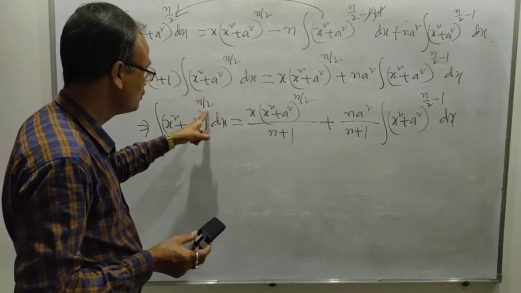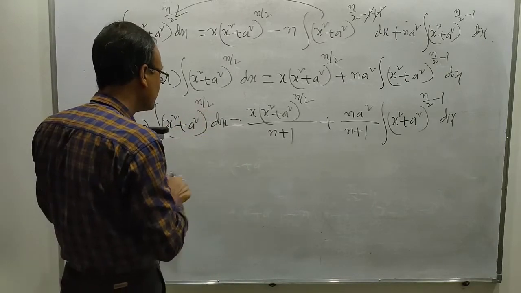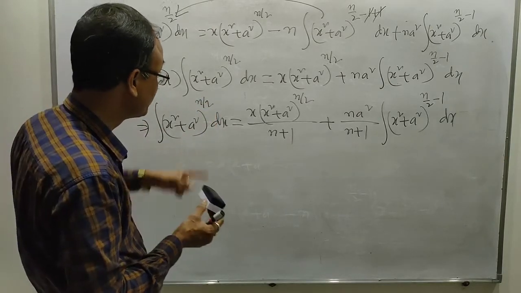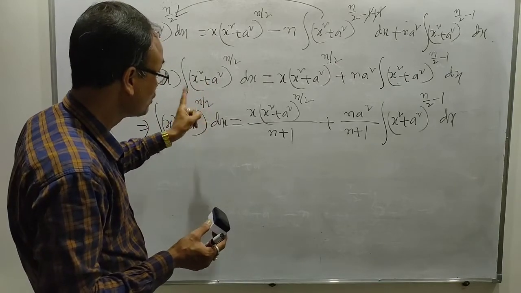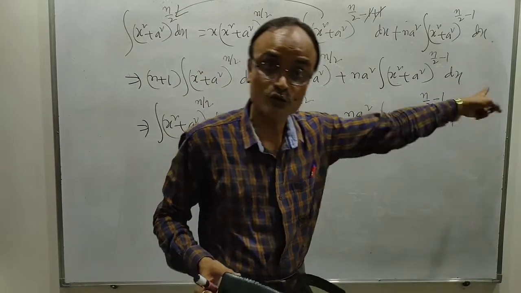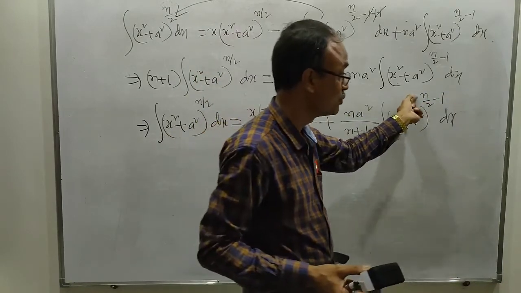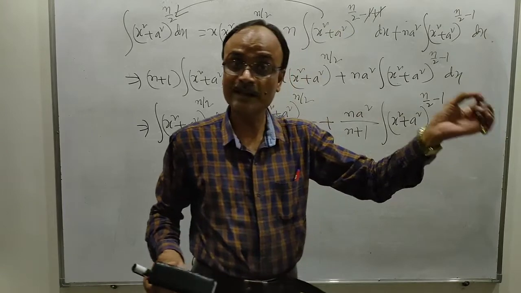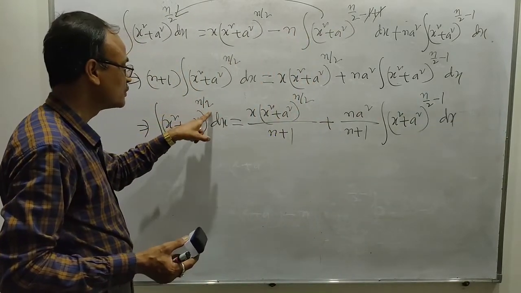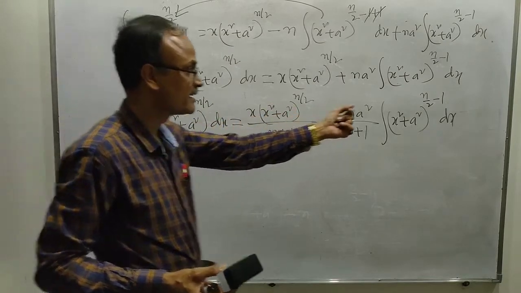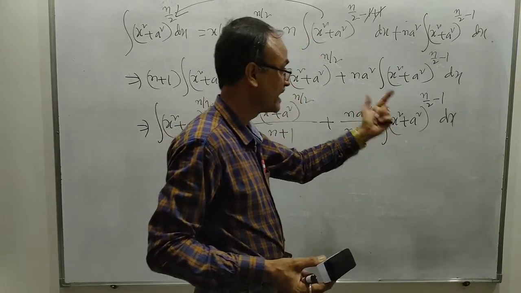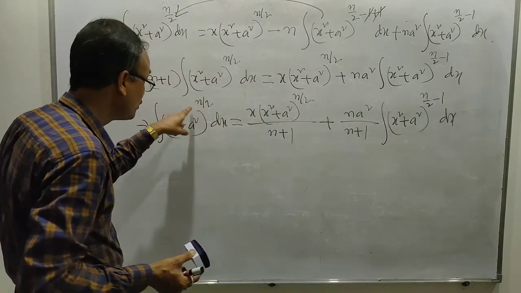Here, if you put n for n minus 2, you will get this one. It is nothing but n minus 2 divided by 2; n minus 2 by 2 minus 1 means n minus 2 divided by 2, it is n divided by 2. And in the last answer, to get this integration, we have put n equal to n minus 2.